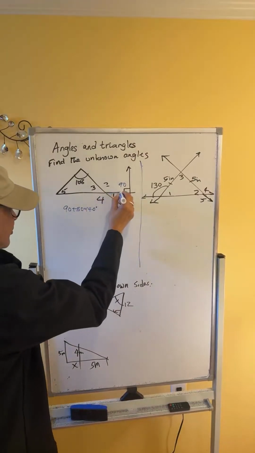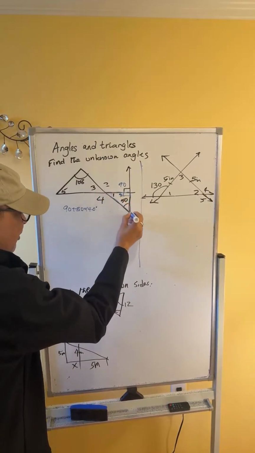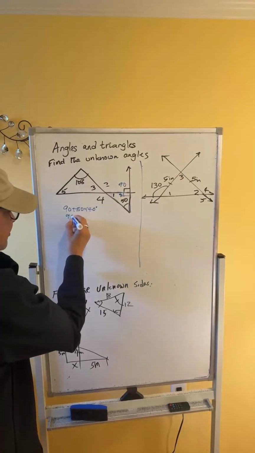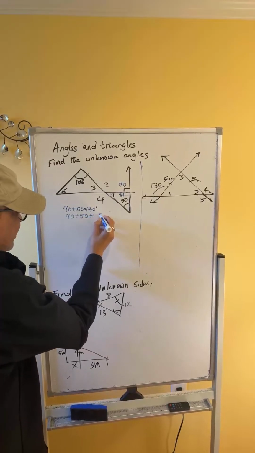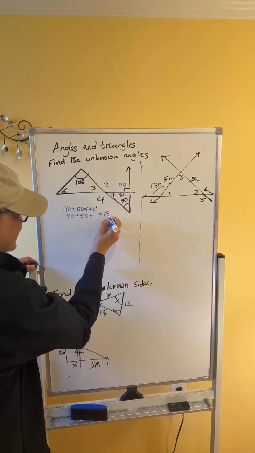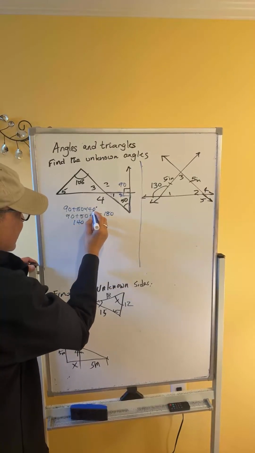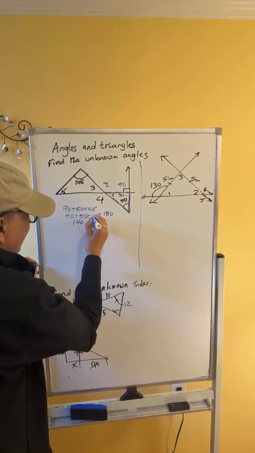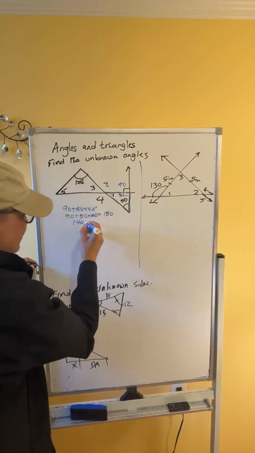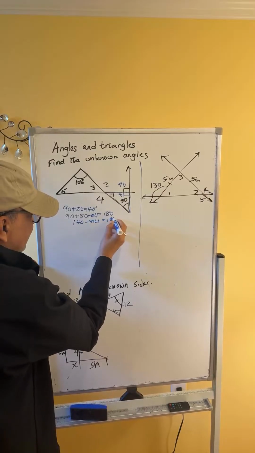So if you consider this triangle, the one I'm highlighting with blue, you have 90 plus 50 plus angle 1. The sum of the three angles is 180 degree. So 140 degree plus measure of angle 1 is 180 degree.